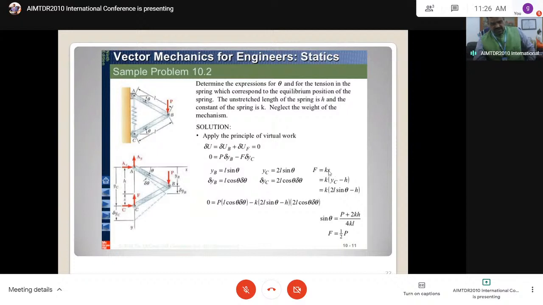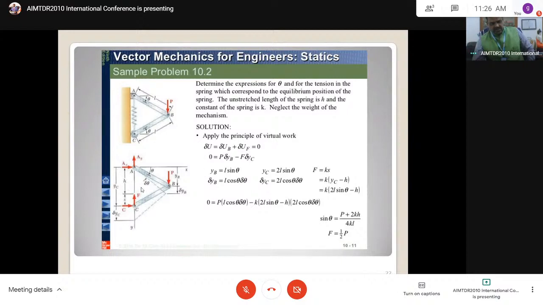That's why K into delta, or K into S. This S distance is, this is the S. If H is known to you and Y, the total length, is known to you, then Y minus H is what we call the S.